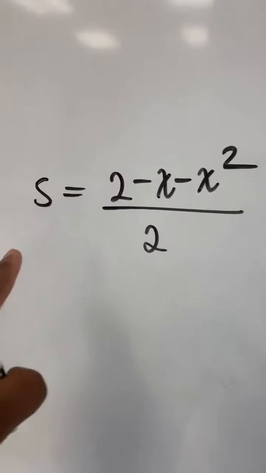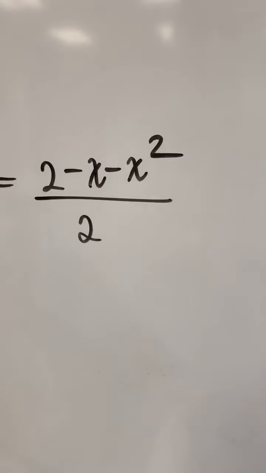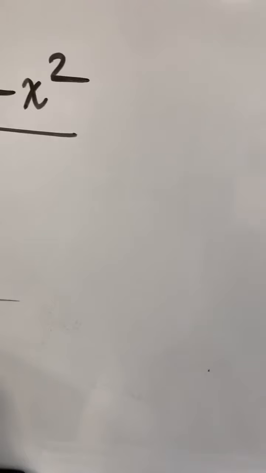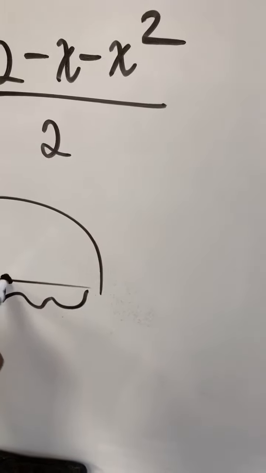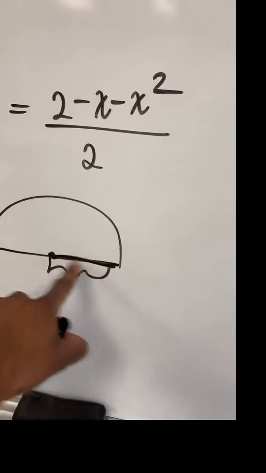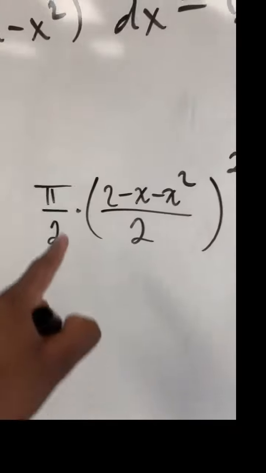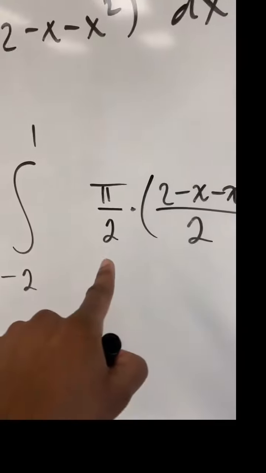My length is 2 minus x squared, and I have to split that in half so that I can get to the radius. So that can act as my radius. When I divide it by 2, what I'm getting is this much of it. Now I can come over here and do my pi r squared divided by 2.